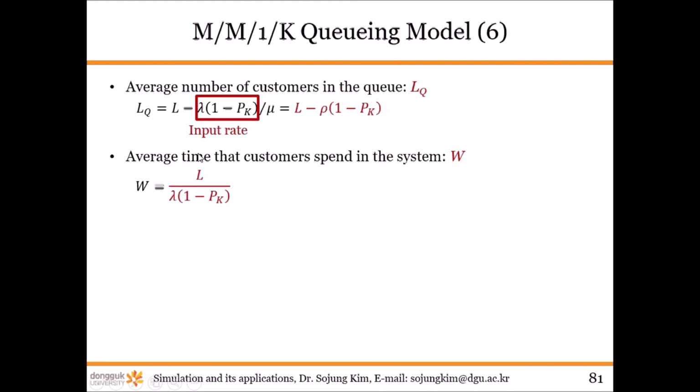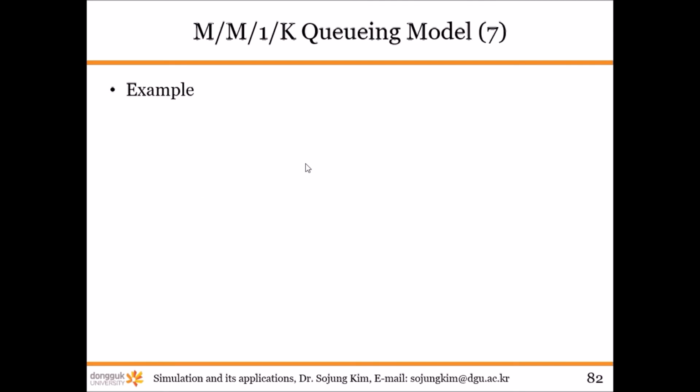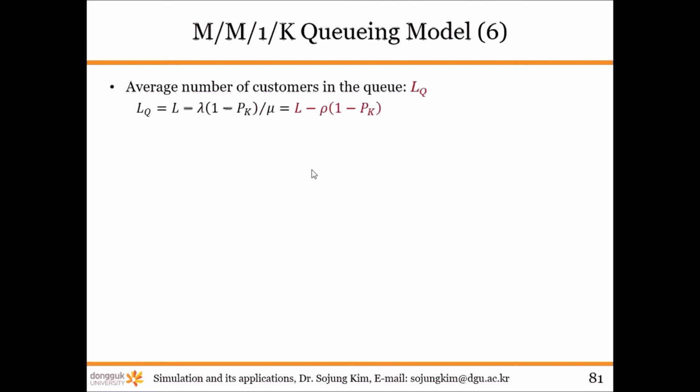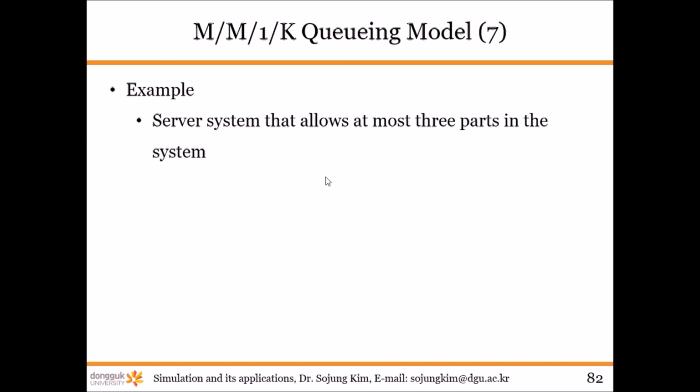And once you have L as well as L_Q, you can use Little's formula to calculate W and W_Q. It's not very difficult once you have the value of L, and the equation is already given. For the different cases, just use the equation to calculate L, L_Q, W, W_Q.